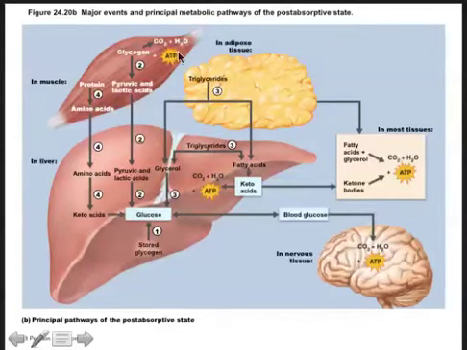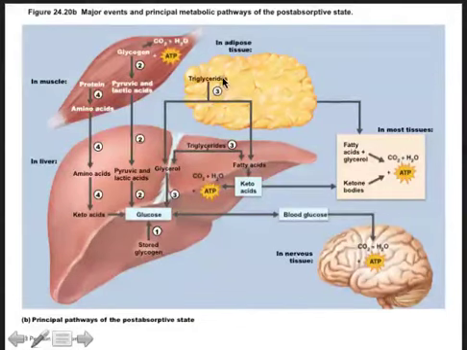Post-absorptive state, what we're doing, again, breaking down components in order to meet our fuel needs. Protein in muscle can be broken down into amino acids, which can be converted to keto acids and used to synthesize glucose. Glycogen can be converted into pyruvate and lactate. This can be used to generate glucose as well.